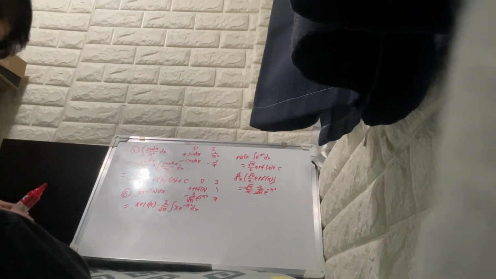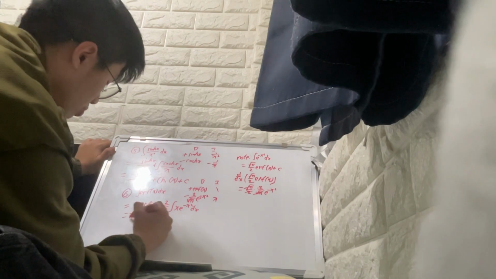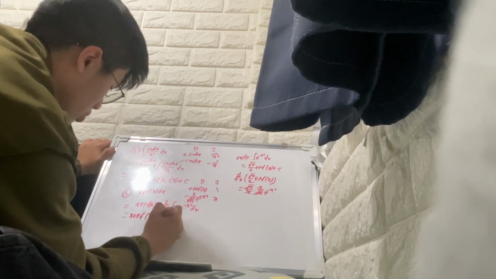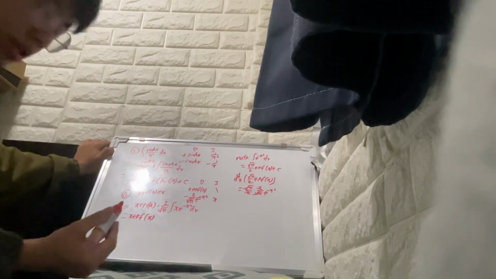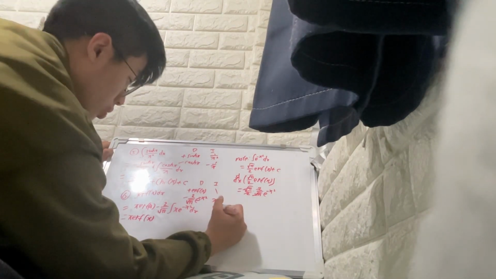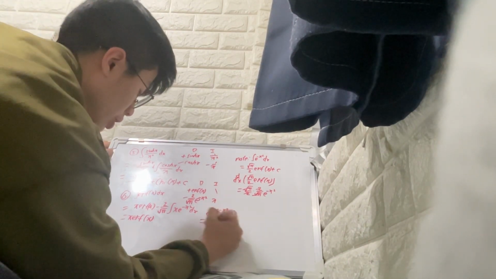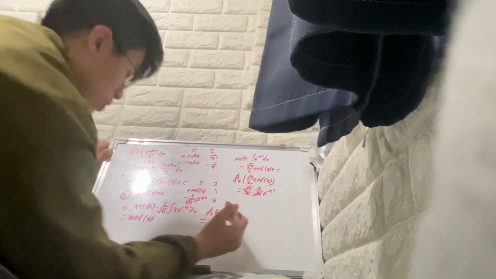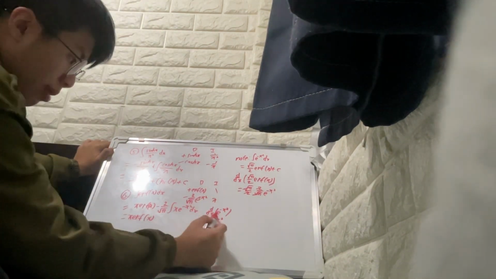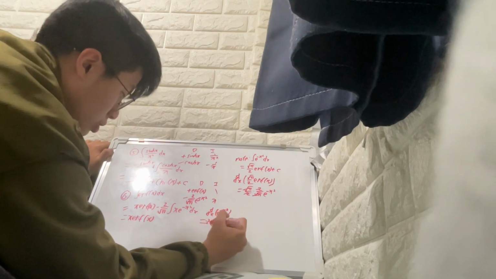And then, so what is this right now? What's this integral? This is an elementary integral, and let me just do it here. When you differentiate e power of negative x squared, you will get e power of negative x squared, and then you multiply by the derivative of the exponent, you get negative 2x.